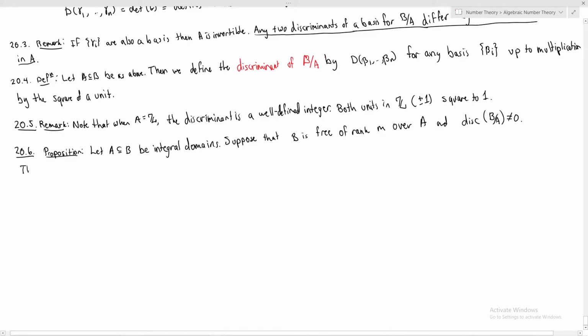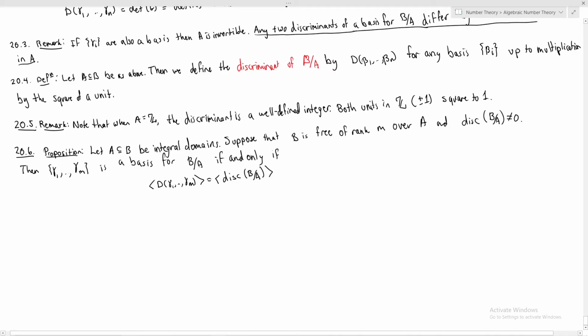Okay. And the claim is then a collection gamma 1 through gamma m is a basis for B over A if and only if the ideal generated by the discriminant of these guys, gamma 1 through gamma m, is the same as the ideal generated by the discriminant of B over A. Note again, it doesn't matter which representative in A I pick for the discriminant, they all give me the same ideal generated here.